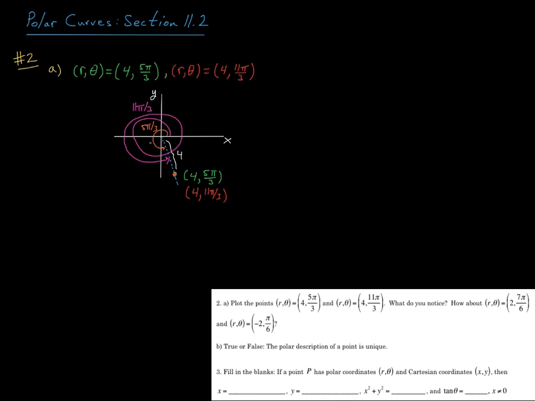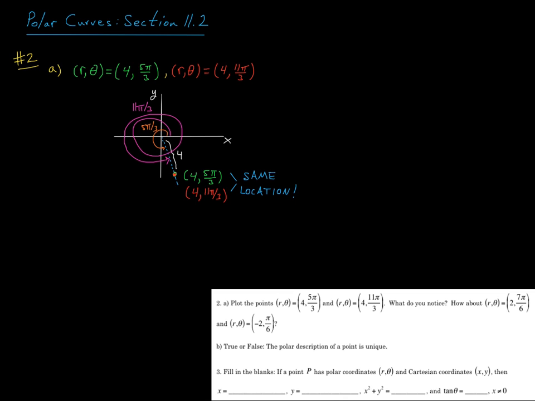In other words, the angles 5π/3 and 11π/3 are what we call coterminal angles. And since the r value is the same for these 2 points, we again move 4 units out along this ray in quadrant 4. And so in fact, these 2 descriptions are for the same location.